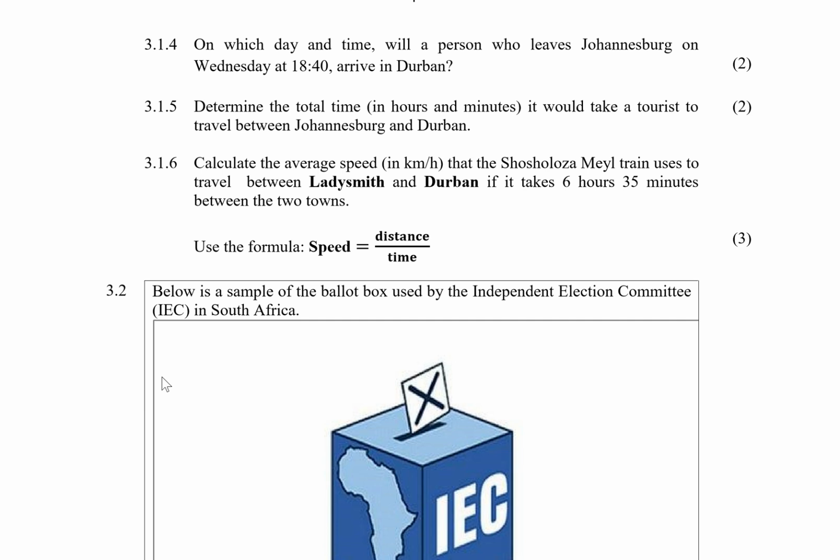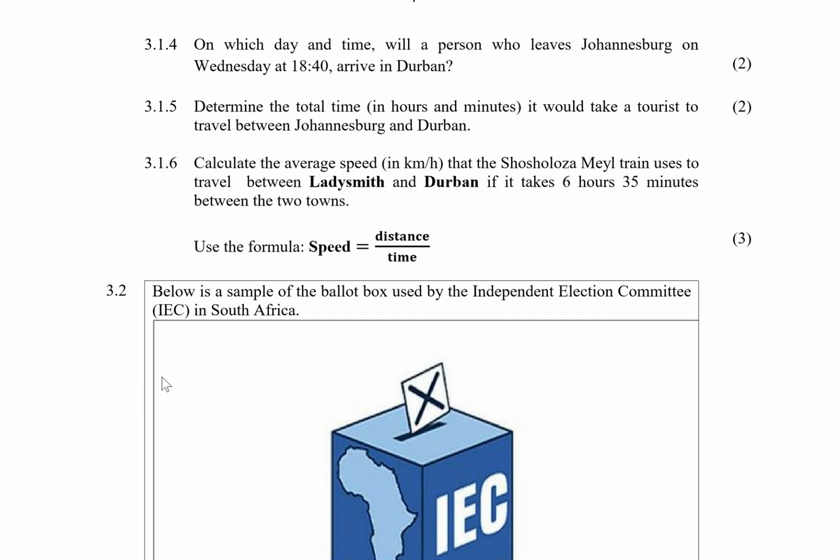Right, so if we look at question 3.1.4: on which day and time will a person who leaves Johannesburg on Wednesday at 20 to 7 arrive in Durban? So I'm not going to move the image now, just listen.